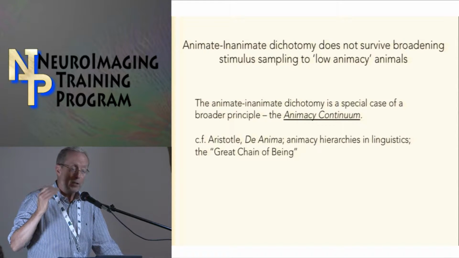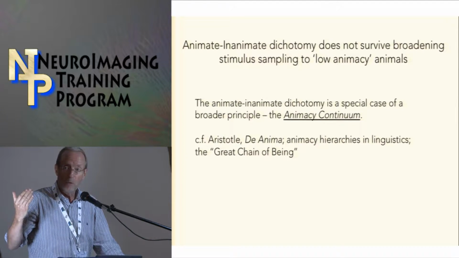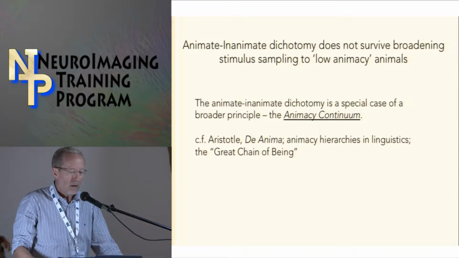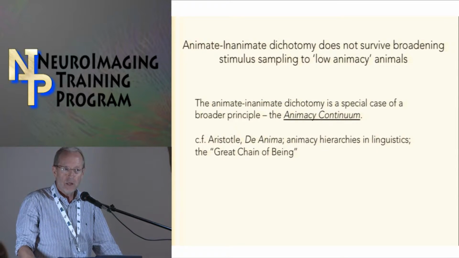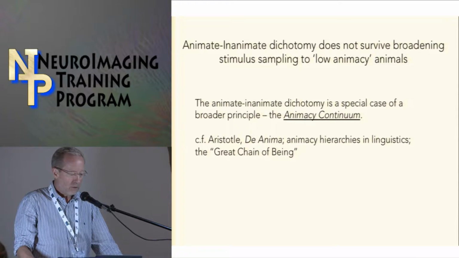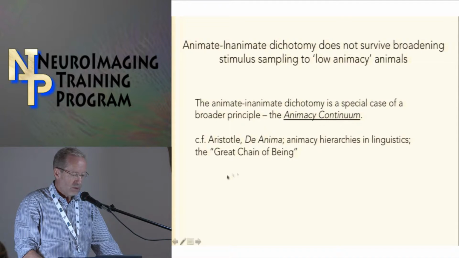And we even do that. If we're talking about people, we always use he or she. But if you talk about things like bugs, you're very comfortable saying it, right? And this conditioning of grammar based on the animacy continuum is even stronger in other languages. And then there's also something called the Great Chain of Being, which is also the animacy continuum, which was considered another organizing principle in thinking around the late 19th century.